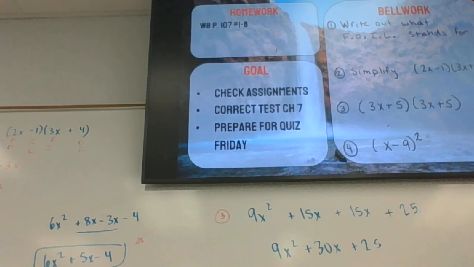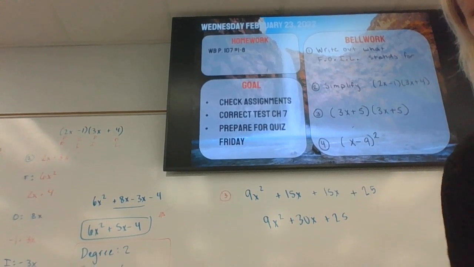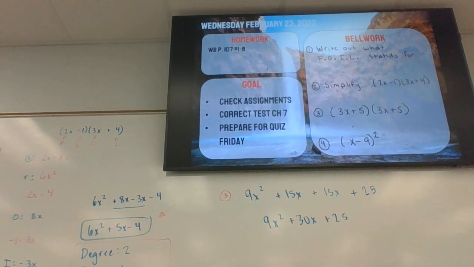So there's some more vocabulary here that's helpful to know. So number 3 and number 4 are actually similar problems. Let me show you. This could be written as, and I hope you see it.